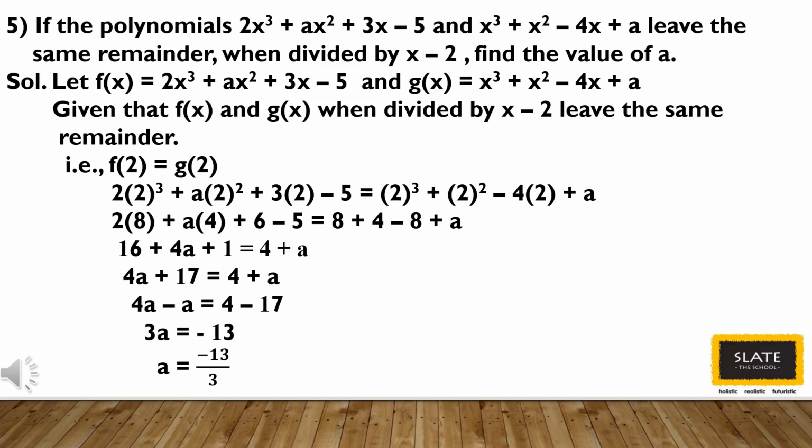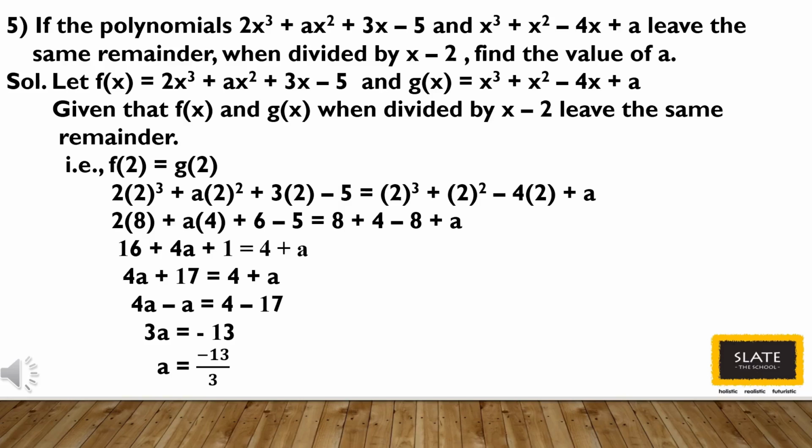Now left hand side, 2 into 2 cube becomes 8, plus a into 2 square becomes 4a, plus 3 into 2 is 6, minus 5, is equal to right hand side, 2 cube is 8, plus 2 square is 4, minus 4 2s are 8, plus a.